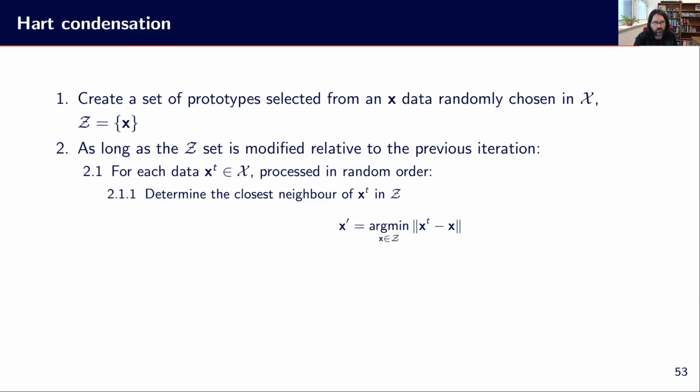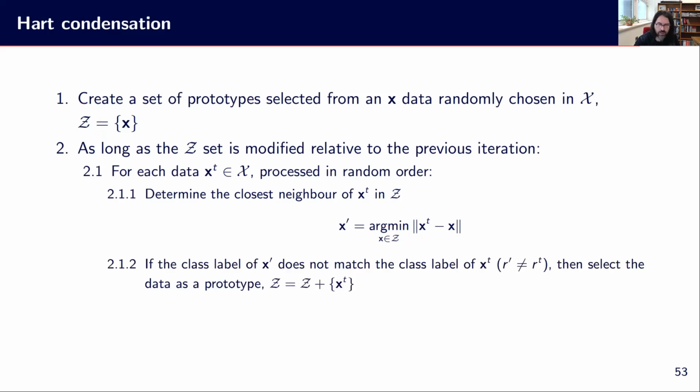And then, for each data in our training set, we are determining the closest neighbor in our reference data. So we have our reference data set Z, that is at first only one sample. We are looking at the closest sample, which is X prime from Z, minimizing the Euclidean distance. And then we are looking at the class label of X prime.